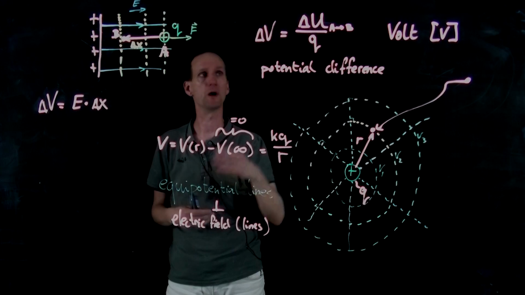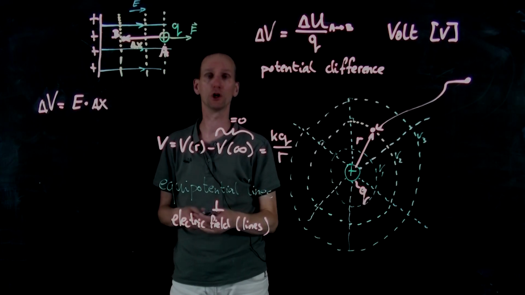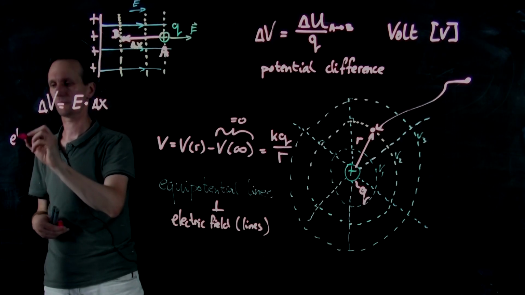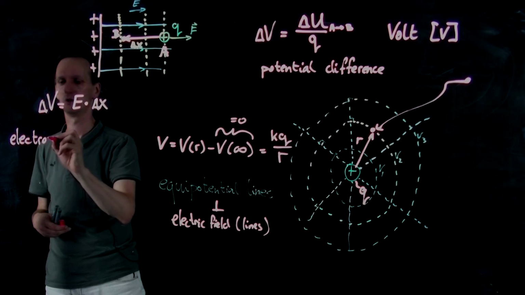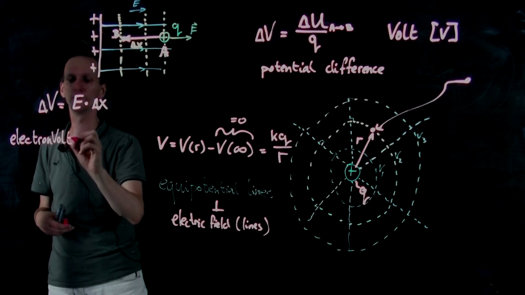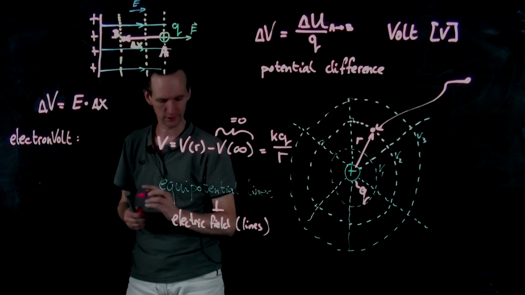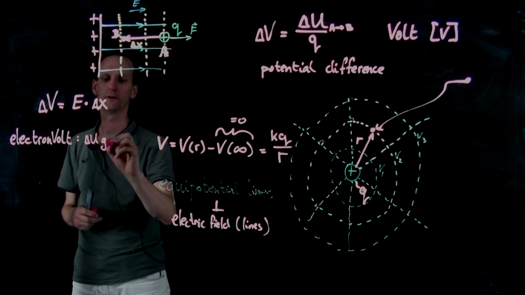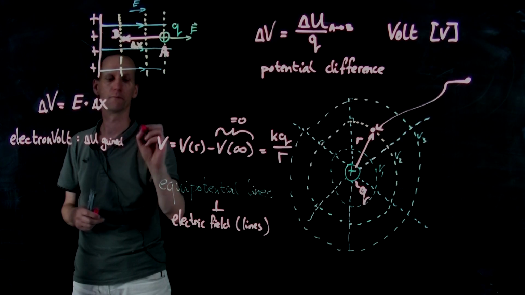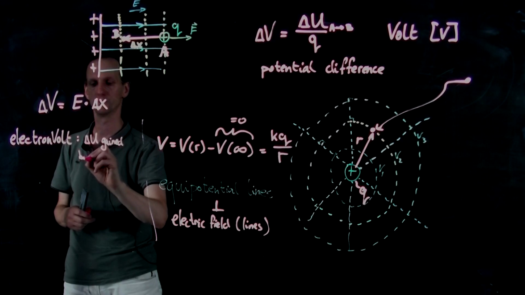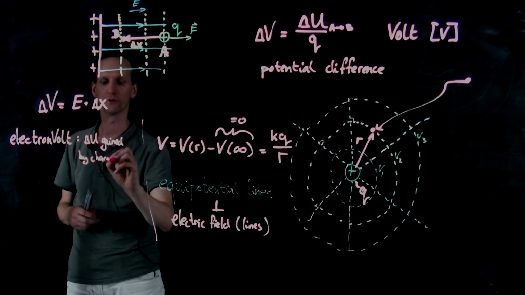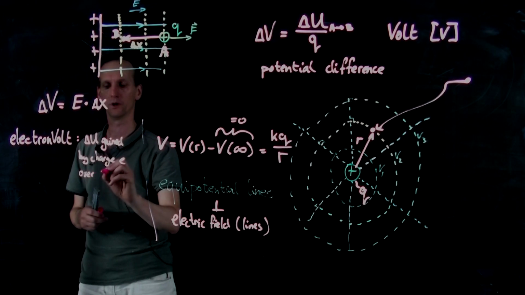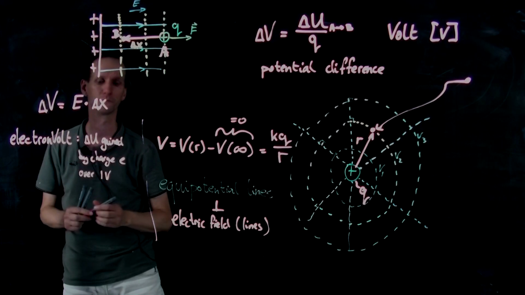So that brings us to an important alternative way of quantifying energy, which we use a lot in electron microscopy, which is the electron volt. I will write that down here. The electron volt is defined as the energy, so the delta U, gained by a charge of magnitude e when it travels over a 1 volt potential difference.